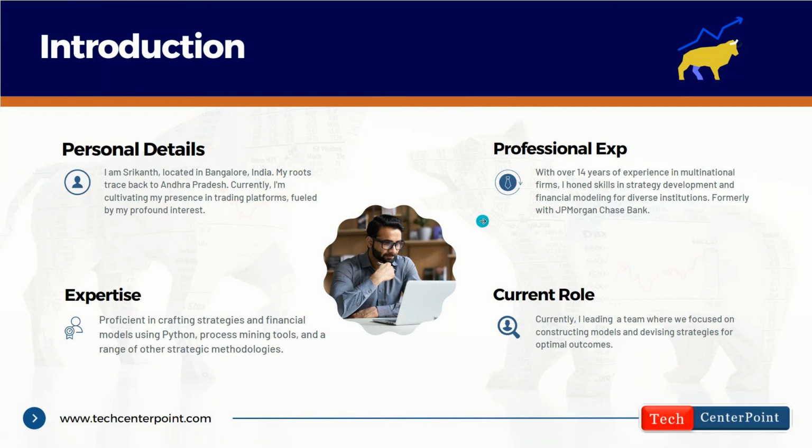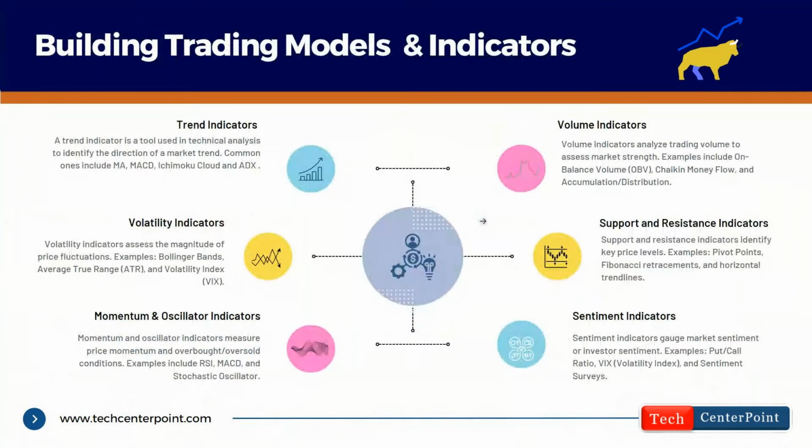Before I jump into my next slide, let me introduce what a trend is, what kind of indicators we have, and what problems there are and how we are going to solve them. What are the trend indicators? We have so many indicators in the market.